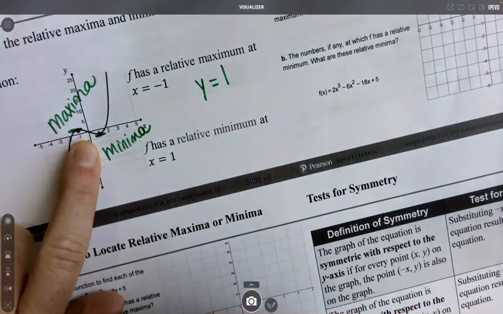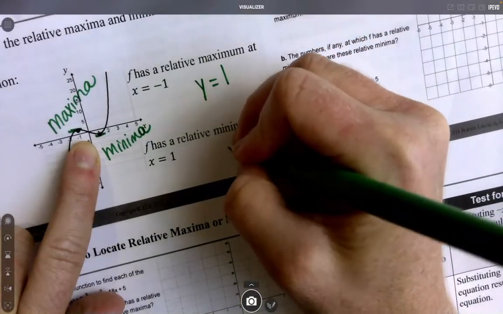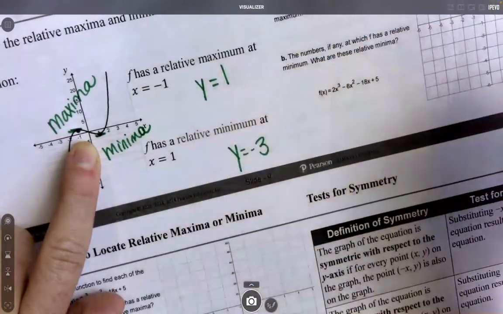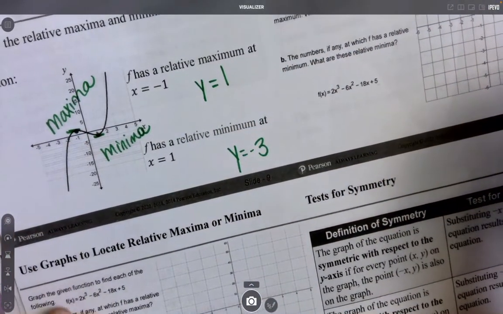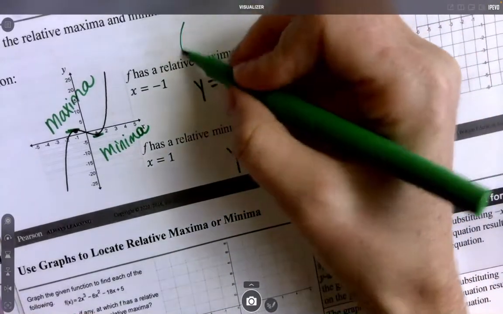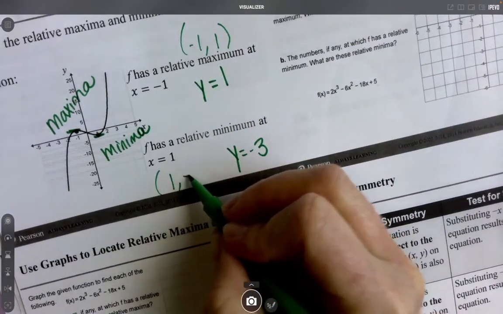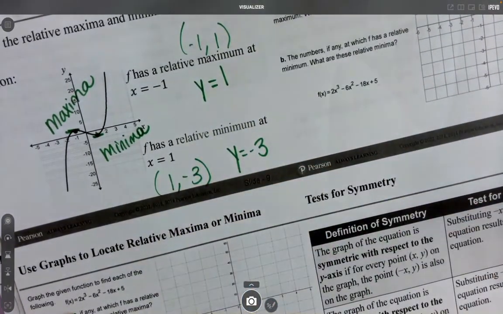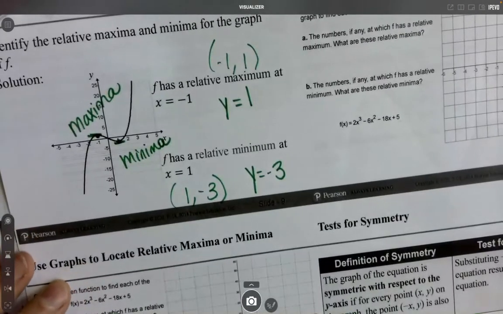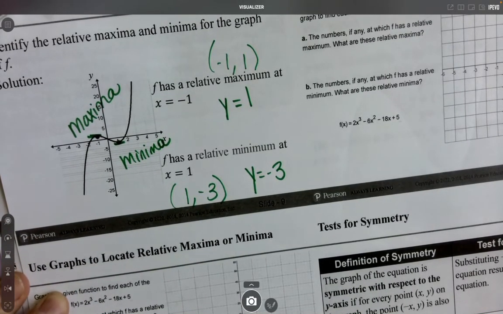This one, oh, that's so hard to see. -1, -2, maybe -3. So it depends on what we are looking for. Are we looking for the x? We're looking for the y value. But you can find the location of our maximum and the location of our minimum. And what you put in as your answer will be dependent on what it is asking for. Is it asking for your x or is it asking for your y?